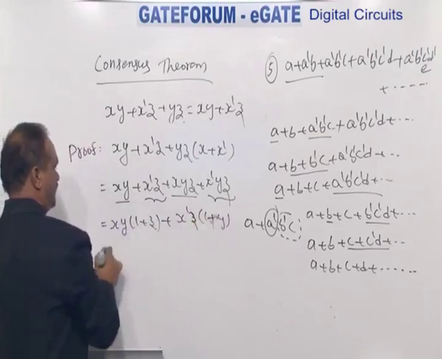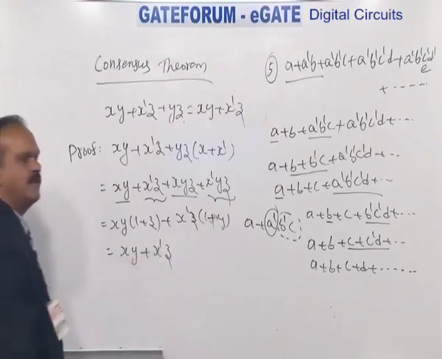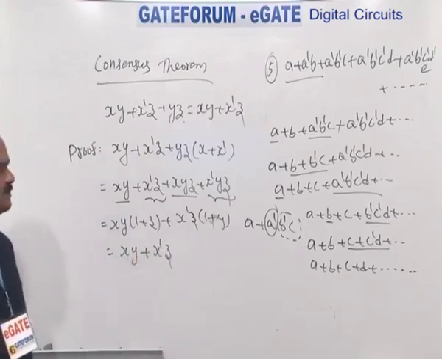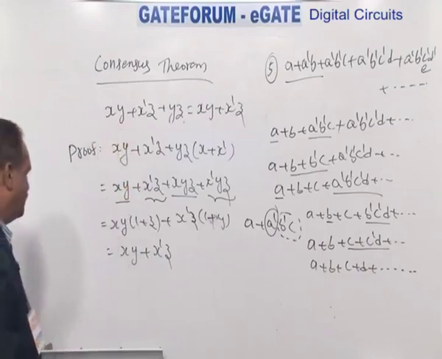So 1 plus z is 1 and 1 plus y is 1. You will get xy plus x bar z. So the consensus theorem is proved here.